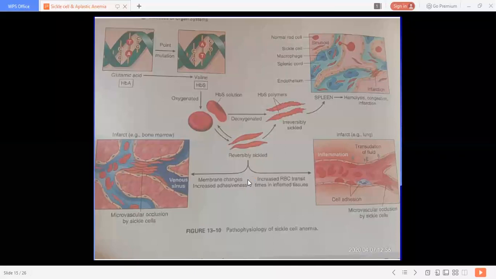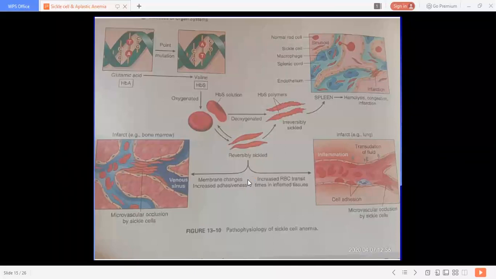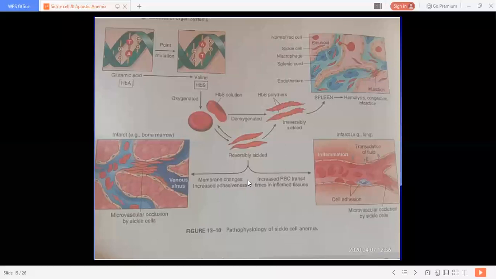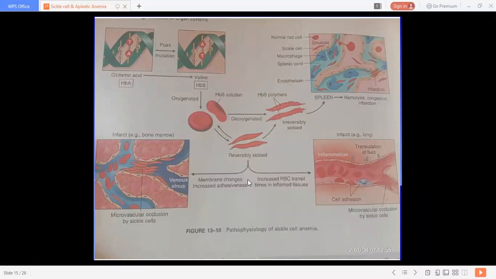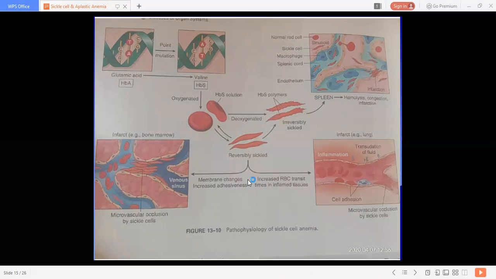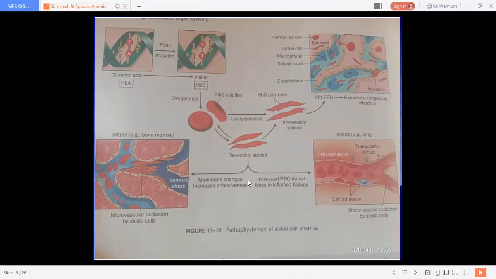Increased mechanical fragility gives rise to hemolysis, and this hemolysis gives rise to anemia. Now, what are the outcomes of anemia?